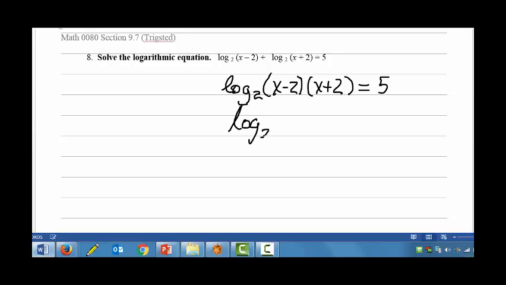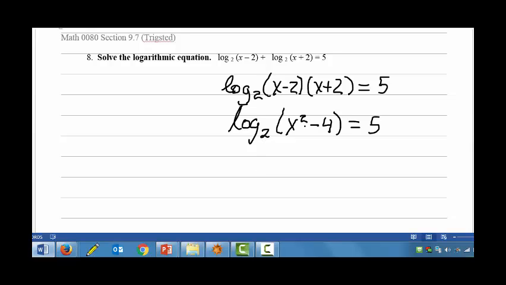So this is the base 2 log. X minus 2 times x plus 2 is x squared minus 4. That's a difference of squares. So now what I do when I have an equation that involves a constant and logs, I get a single logarithm on one side of the equation, the constant on the other side, and now I'm going to translate this into an exponential equation.